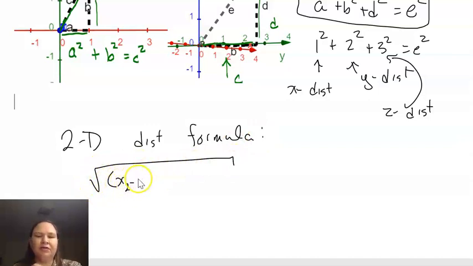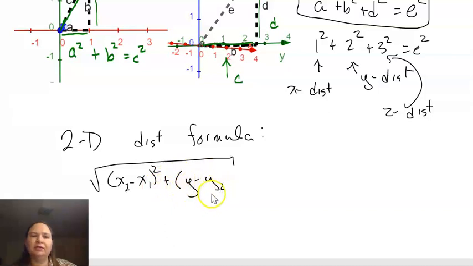Subtract off the 2 x coordinates to find out the x distance between them. Subtract the 2 y coordinates to find the distance between them. Usually we write these in the same order, though it isn't going to make any difference because of these squares. And you square them and you add them together and you take the square root, and that is the distance.